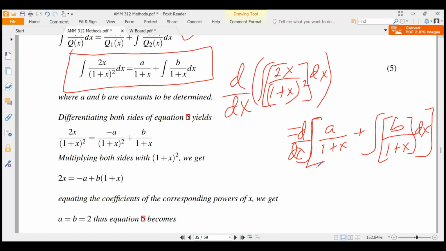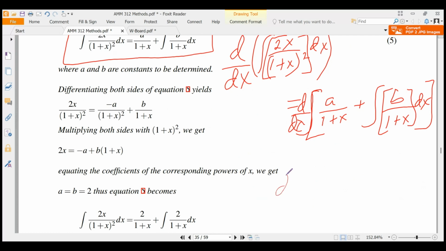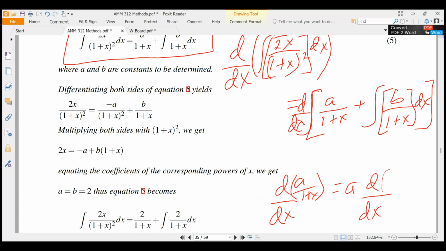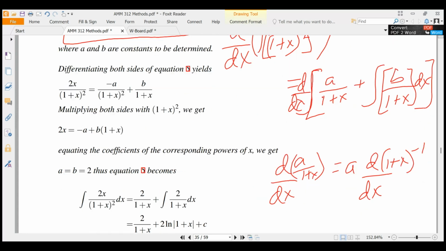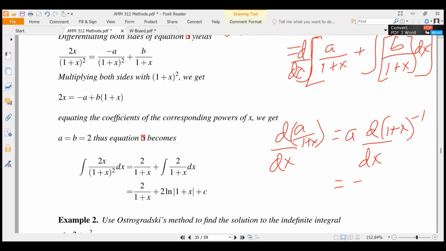The derivative with respect to x of a over 1 plus x, where a is a constant, is a times d by dx of 1 plus x raised to the power negative 1, which gives us minus a divided by 1 plus x raised to the power of 2. So when we differentiate both sides with respect to x, this is the expression we get.